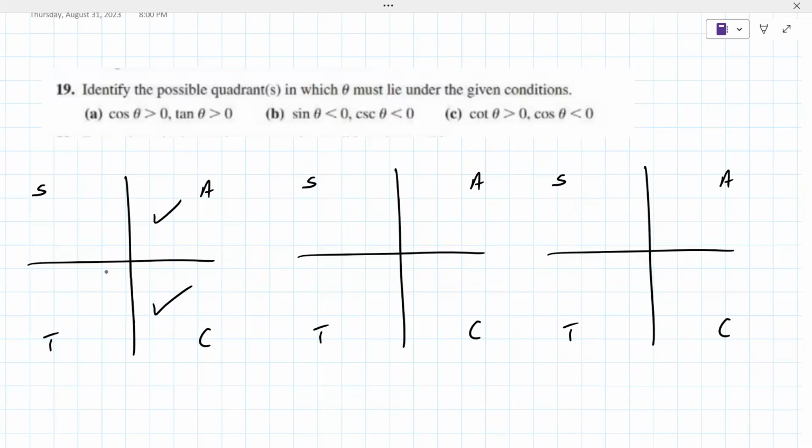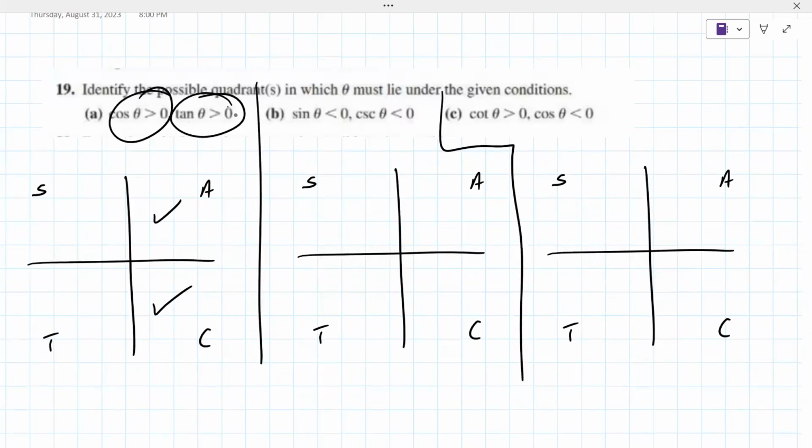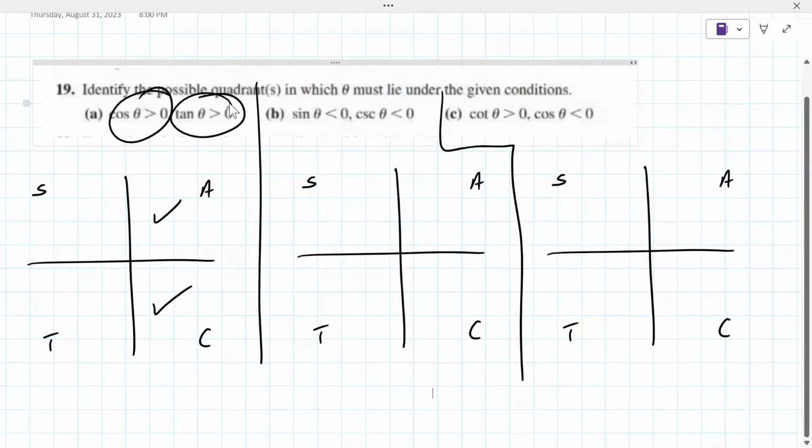Yeah. So now tangent is positive in which two quadrants? Sine is negative and we're looking at this one right here. We're trying to do it for A. Where's tangent positive here?